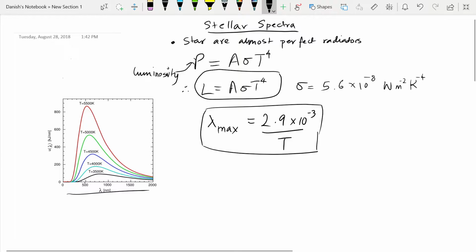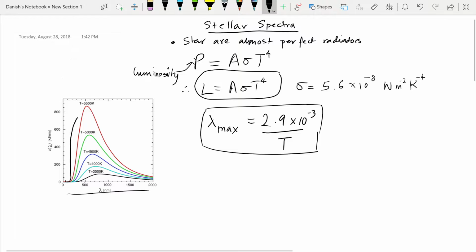So if we get different wavelengths of radiation from the star, and we see the intensity of light, which is the luminosity, at those wavelengths, then we can tell what the temperature is, because we know what the shape looks like.